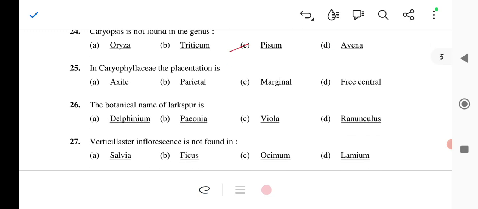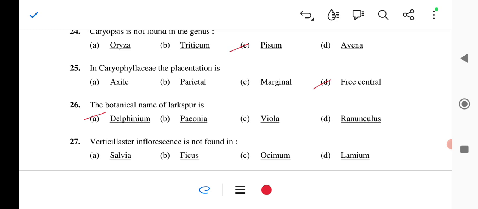Next is in Caryophyllaceae the placentation is free central. Next is the botanical name of larkspur is Delphinium. Next is verticillaster inflorescence.